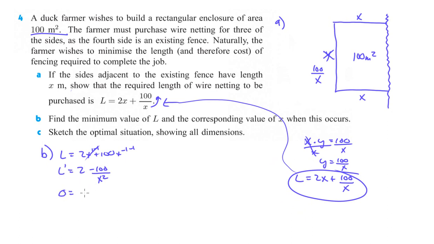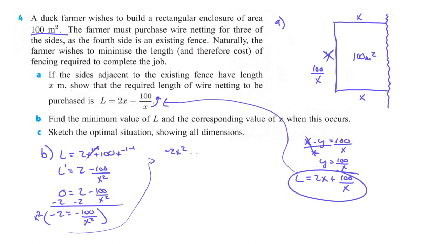So we simply do 0 equals 2 minus 100 over x squared. Subtract 2 from both sides. It'll be negative, but that's all right. We get negative 2 equals negative 100 over x squared. We multiply everything by x squared, and then we get negative 2x squared equals negative 100.